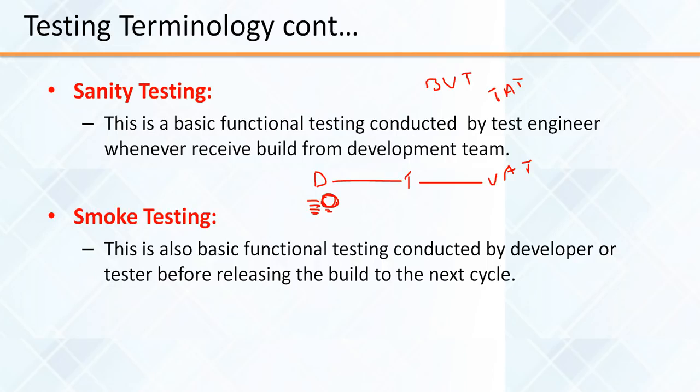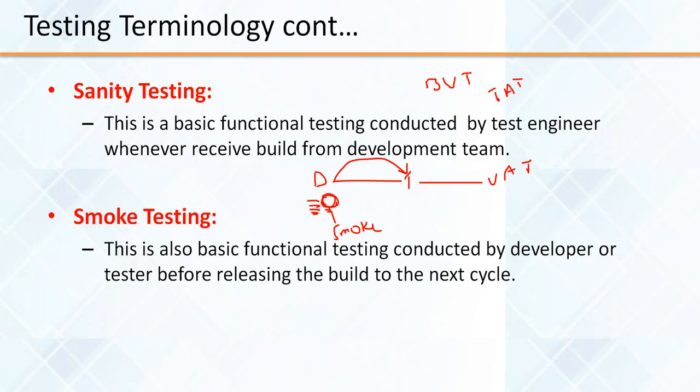So before delivering the application to the testing team, they will do basic functionality testing. That is smoke testing. When they conduct it before delivering the application to the next department or next phase, that is smoke testing.